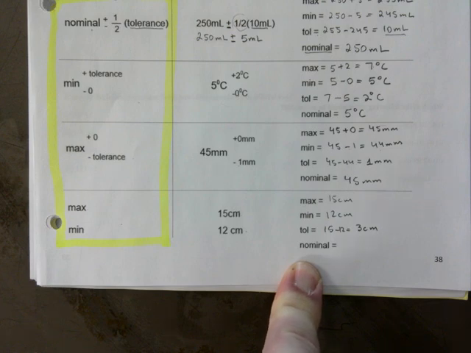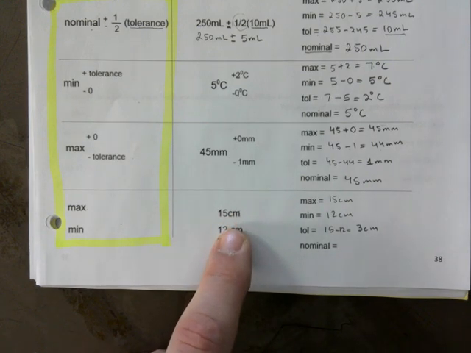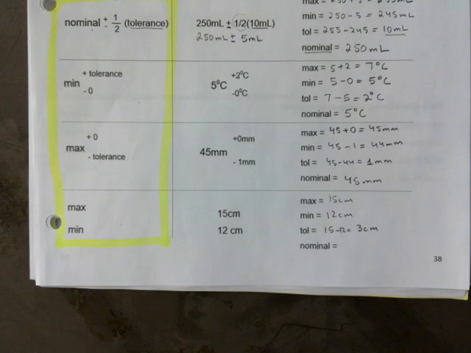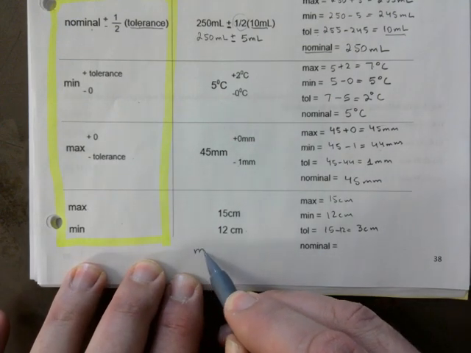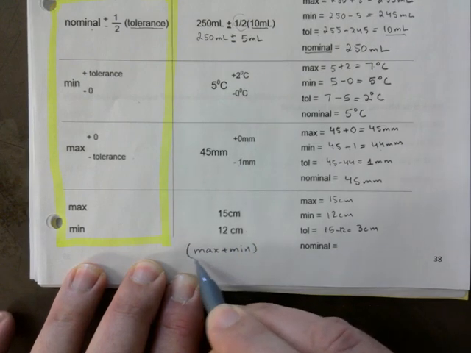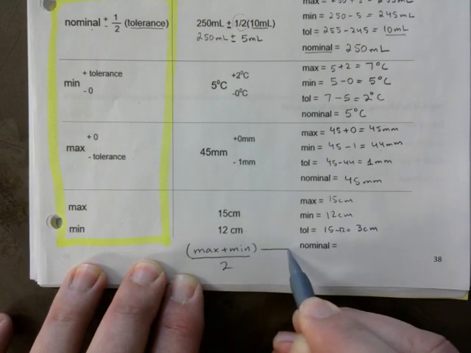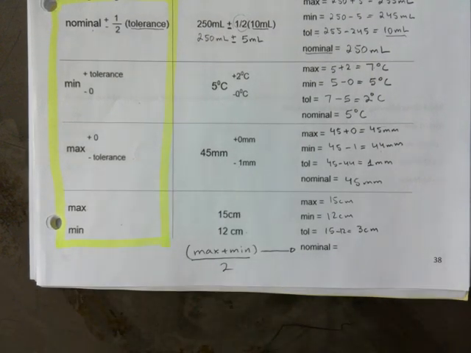What's the nominal here? We don't know, right? You have two numbers. The province says that it's not critical to know the nominal here, but if they do ask, the nominal is like this: max plus min in brackets, divided by 2. That's how you get your nominal here. What do you know this as? If you add two numbers and divide it by 2, what are you finding? Finding the average or the middle.